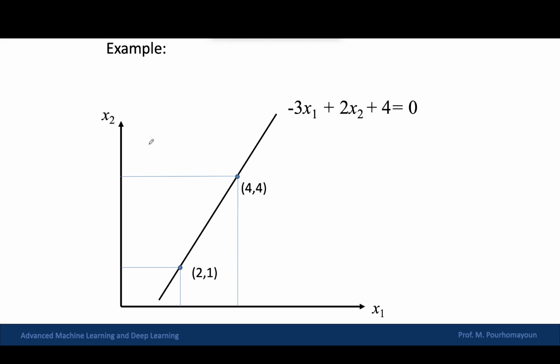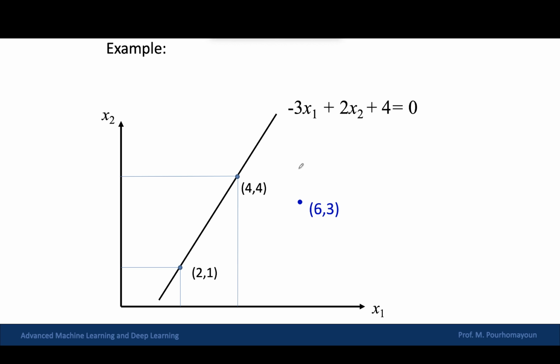So let me show you an example. These are 2 points right here, 2, 4. If I put it here, it will be minus 3 times 4, which is minus 12, plus 2 times 4, which is 8, plus 4, which will be 0. This one, 2, 1: minus 3 times 2 is minus 6, plus 2, plus 4 will be 0. But look at this guy right here.